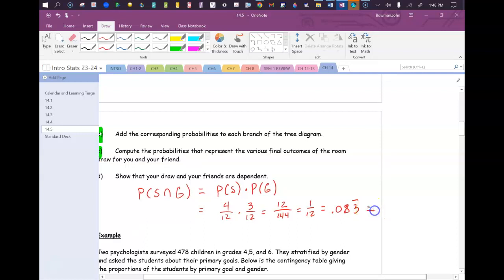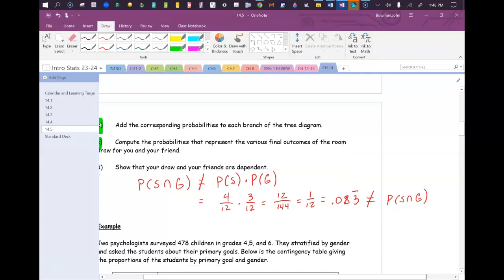That is not equal to, those are not equal. Probability of silver and gold, so they are not independent.